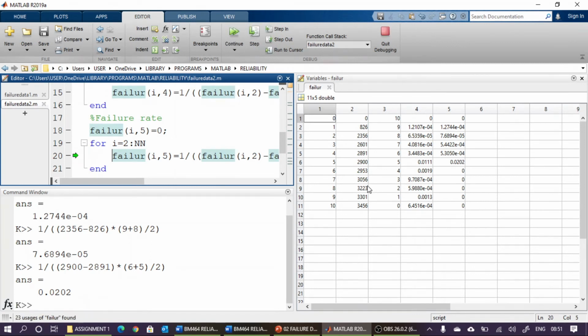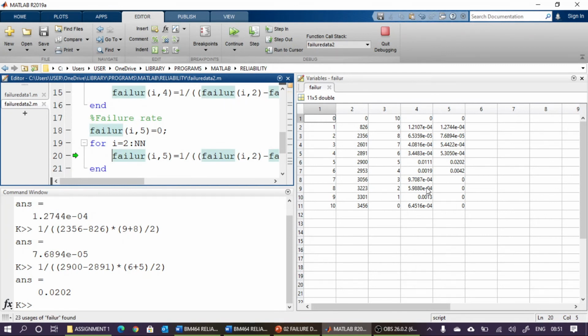Now what is the next one? 1 by 2953 minus 2900 into 5 plus 4 divided by 2. So we have 0.0042. What about next one?